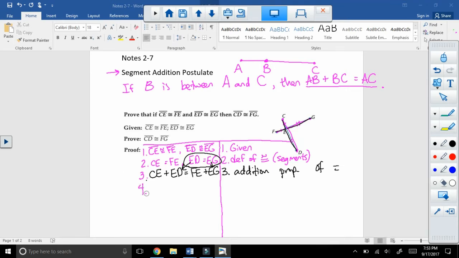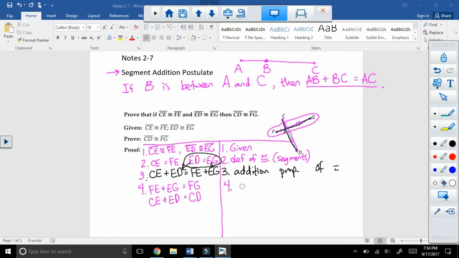For the next step then, I'm going to say what the segment addition postulate is for both of these two segments. So for this one here, I can say that FE plus EG is equal to FG, and also for the other segment, CE plus ED equals CD.